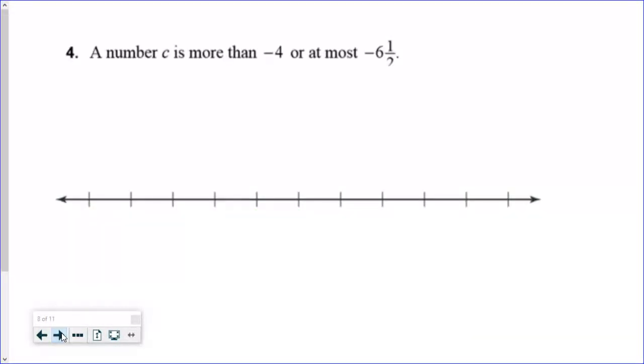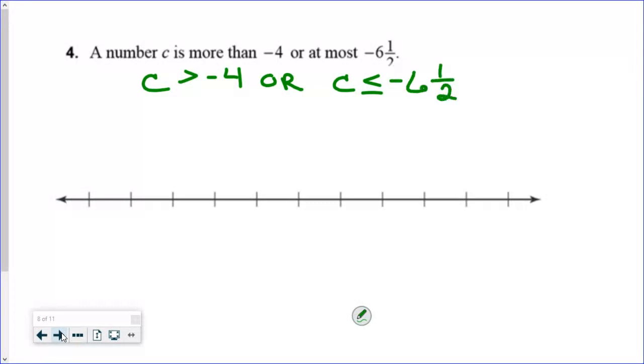Okay, a number C is more than, meaning greater than -4. Now you've got to write the word or. C is at most -6 1/2, meaning you can have that, but no more than that. So on the number line, we have a -6 1/2 here and a -4 here.